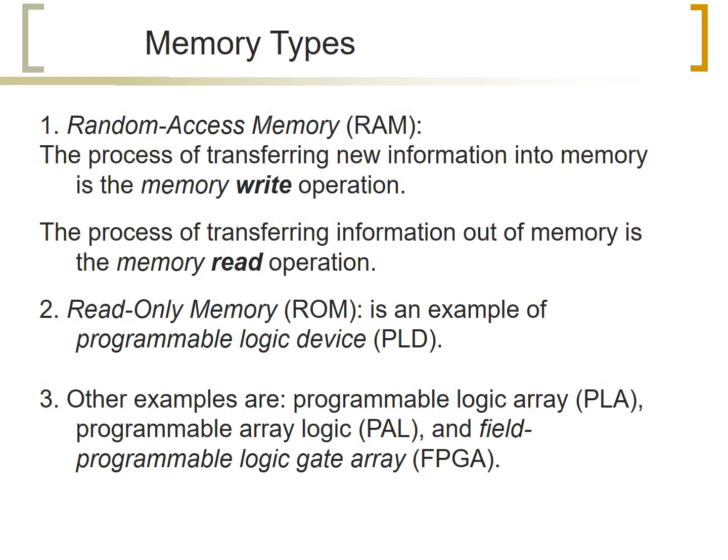In the random access memory, the process of transferring new information into the memory is called write operation. So as if we are writing into the memory. That's when we want to store something in the memory. And the process of transferring information out of the memory is called read operation.